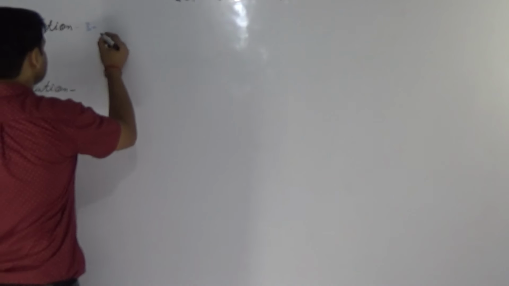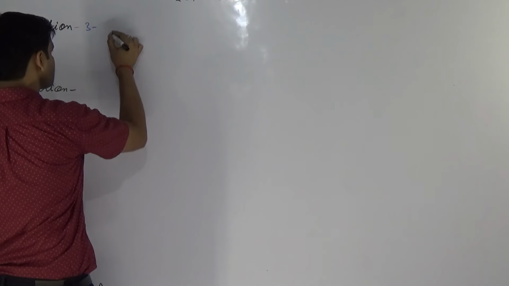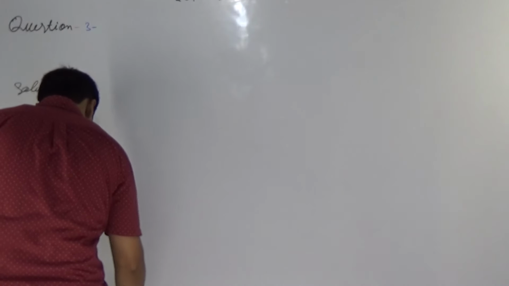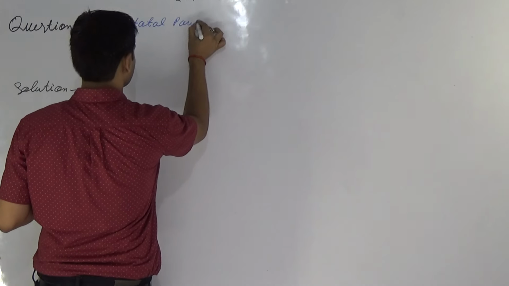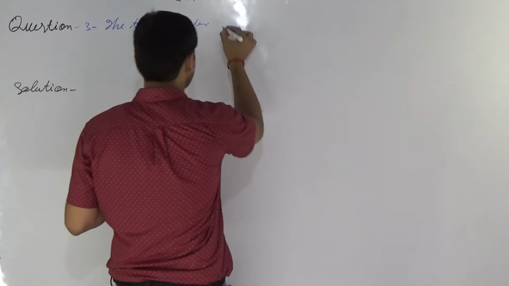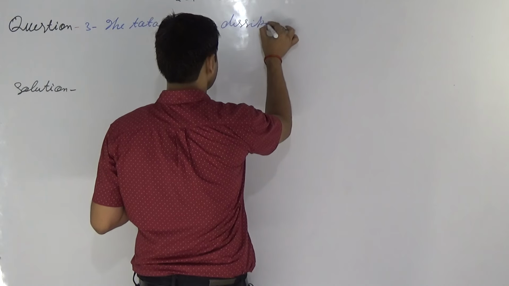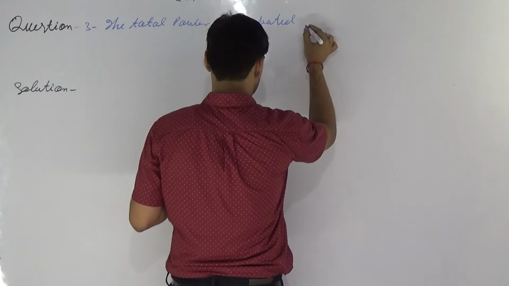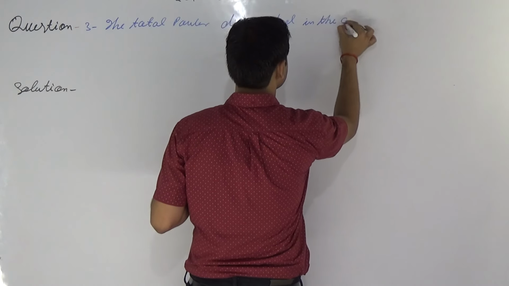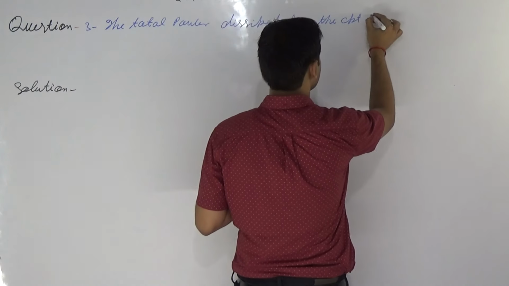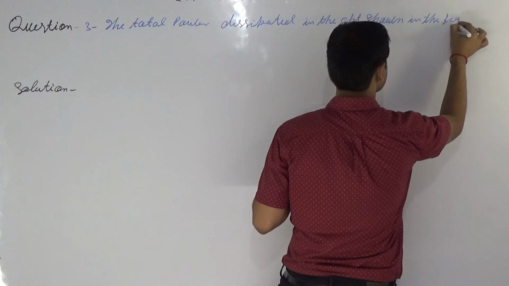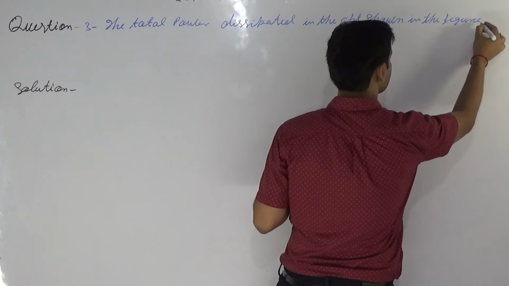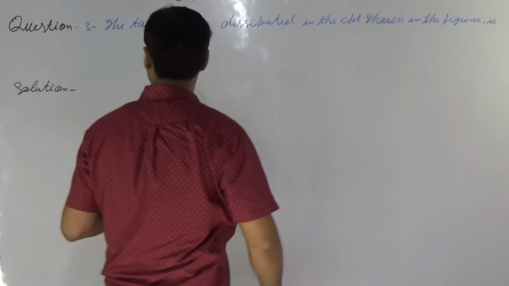The total power dissipated in the circuit, as seen in the figure, is 1 kilowatt.